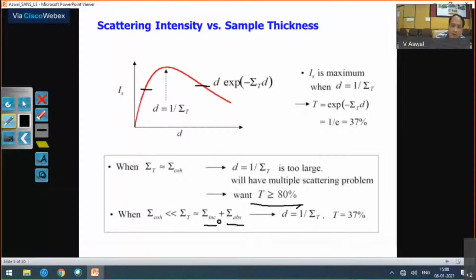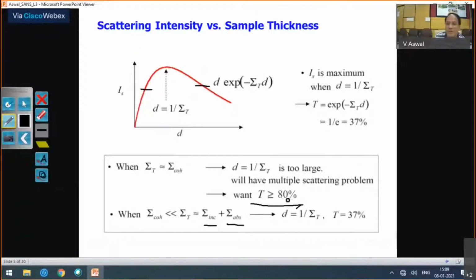So when you have high incoherent scattering from the sample, which you cannot avoid, or high absorption, some elements in the system which absorb neutrons and you cannot avoid, in that case you can go for this kind of transmission to get maximum intensity from the sample. Otherwise, where there is no incoherent scattering and absorption, it is always advisable to go for higher transmission, as high as 80%.